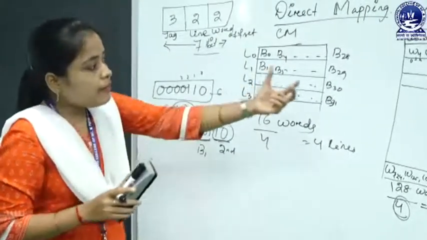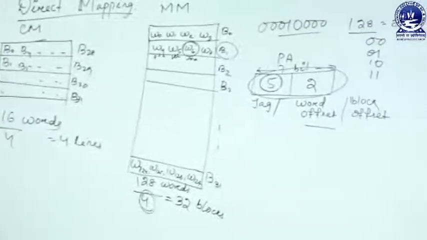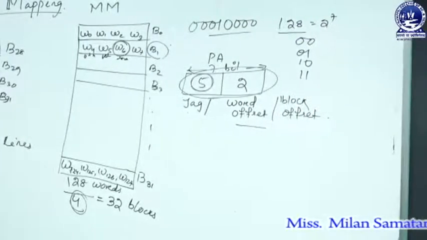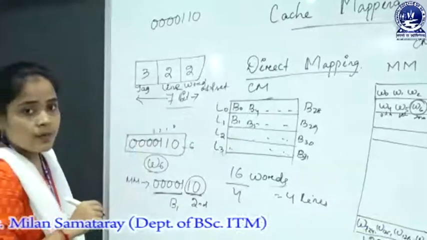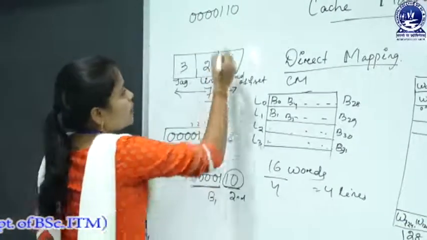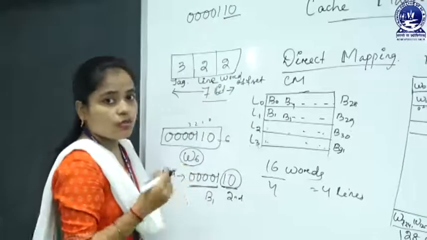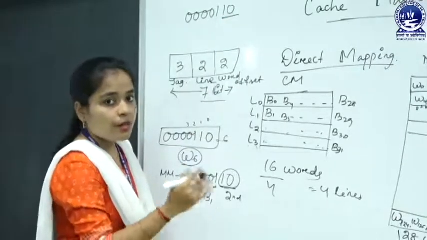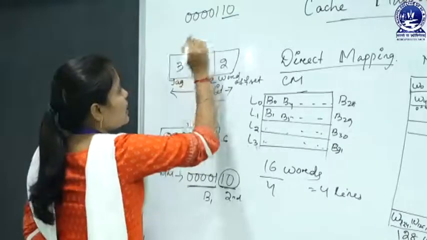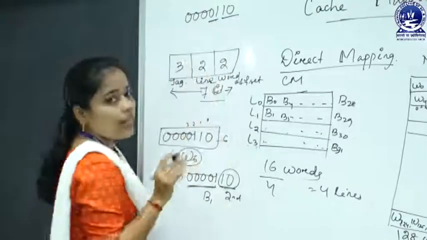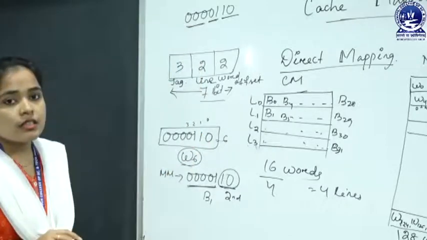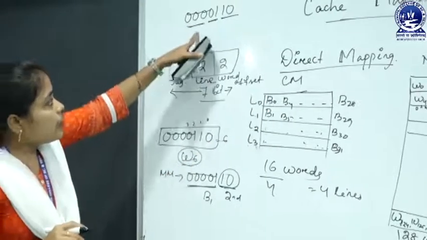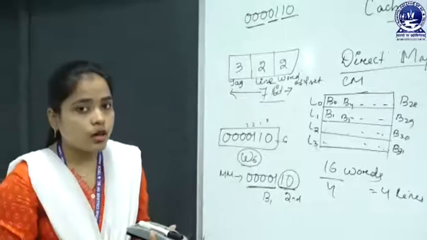But if it is mapped into the cache memory, how will we get it from the cache memory? Let's see. This is the address. For the cache memory, the first 2 bits are our word offset, or the word position in the block, the next 2 are our line value, and these 3 are our tag. That means it represents the position of the block.